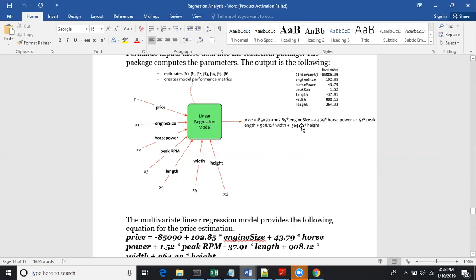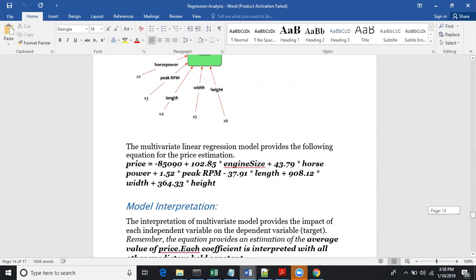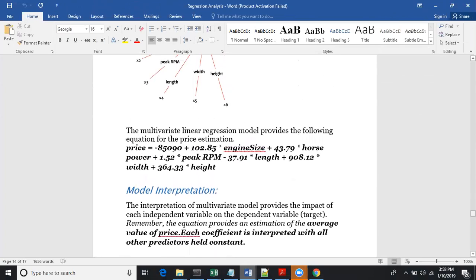These are the engine size and these are the columns, and every column has a variable value. First it is y equal to mx plus c, so c plus dy by dx times the variable, again dy by dx times the next variable.